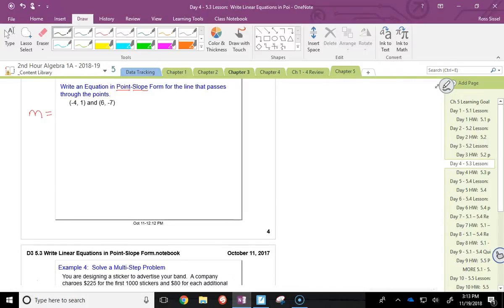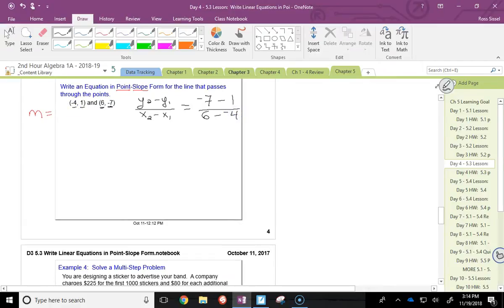So we do what we've been doing. I'm going to find my slope by doing y2 minus y1 all over x2 minus x1. That's the equation to find slope between 2 points. My y2 is negative 7 minus y1, which is 1. x2 is 6 minus x1, which is negative 4.